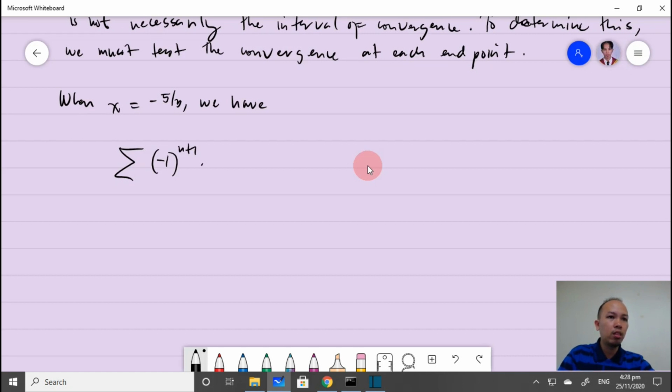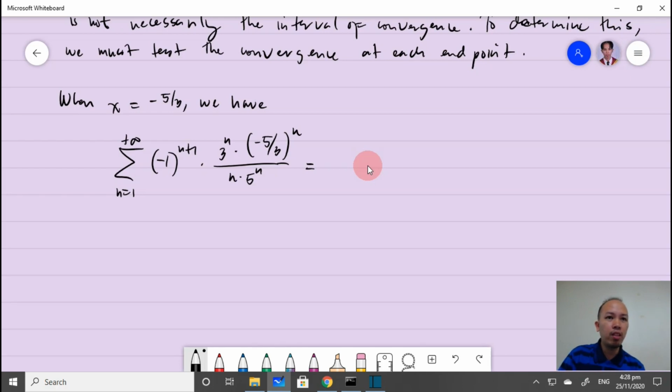Okay, so this is 3 to the n times, as I've said, we have to replace our x by negative 5 over 3, over this one, where n starts from 1 to positive infinity.